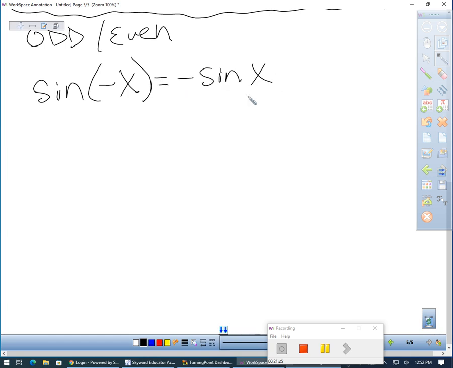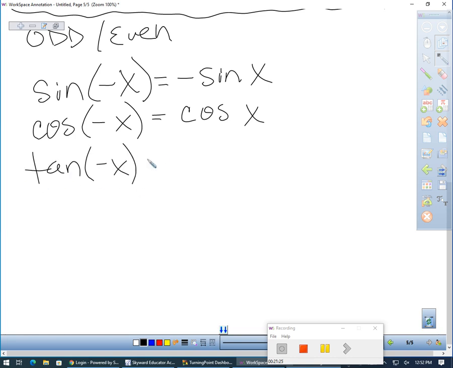I can take the negative from that angle and move it out in front. If I have the cosine of a negative angle, it's actually just positive cosine x. That negative disappears. If I have the tangent of a negative angle, I don't know what they're doing next door, but that's negative tangent of x.